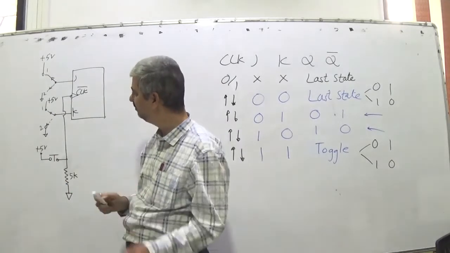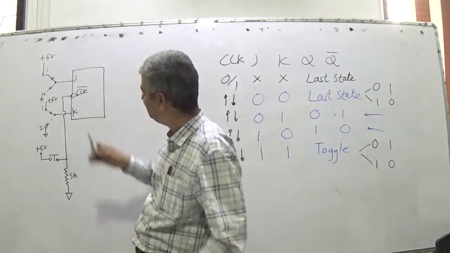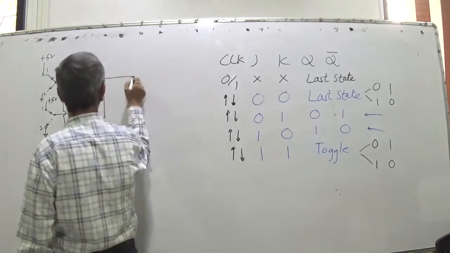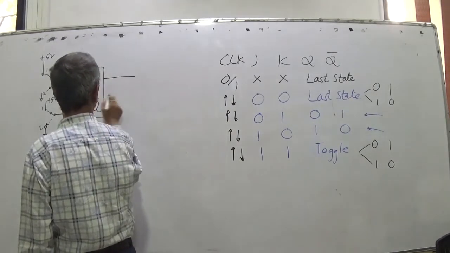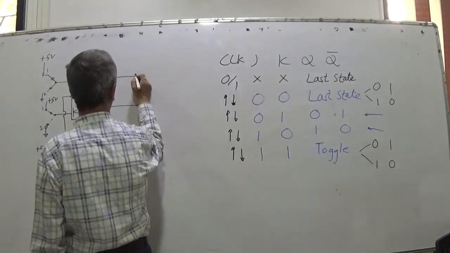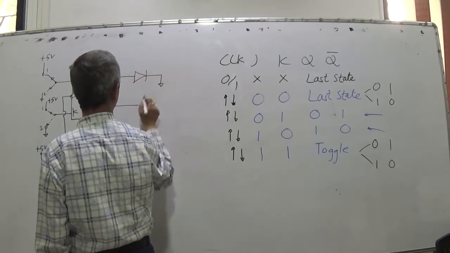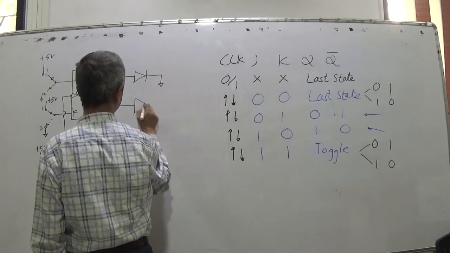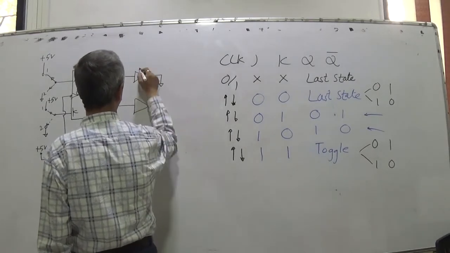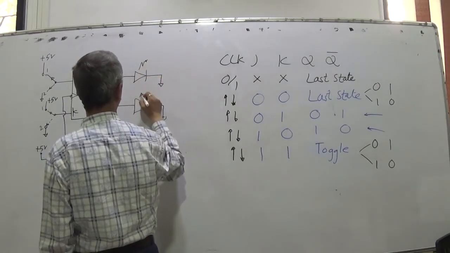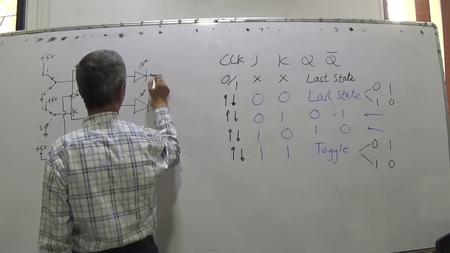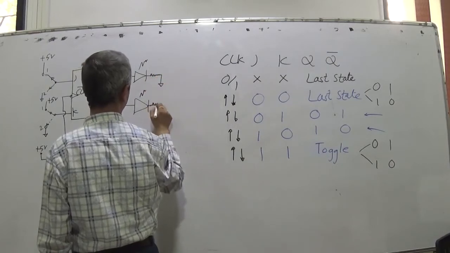So what will happen now? What this circuit has is outputs Q and Q bar. So what you have done? You have connected LEDs. Maybe a current limiting resistor also you can put.